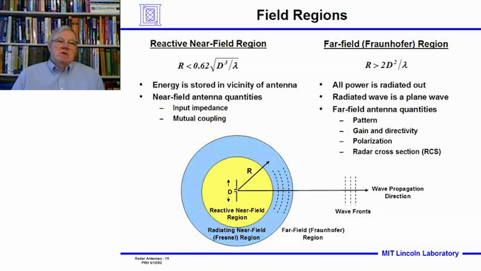And it turns out the solutions get to be real easy when you're very far away from the antenna. When you want to calculate the pattern of the antenna, the gain and directivity, polarization issues, or the radar scattering cross-section, when you're far, far away, the antenna effectively appears to be like a point source.